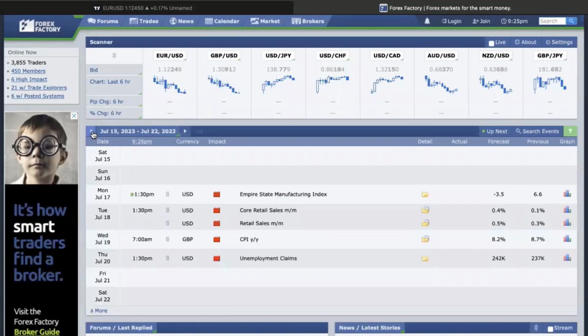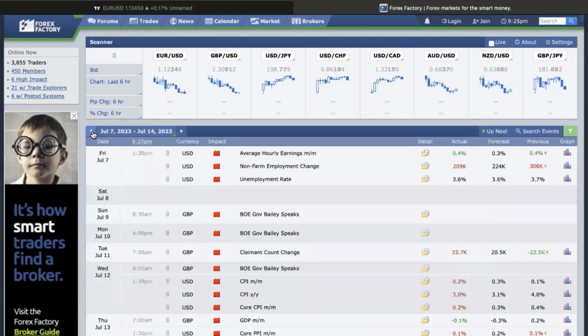It's important that when you go back into history, you look at what happened when a certain news came out, and you track it to the last 5 previous releases of that same news, and how the market reacted. What percentage did it move? When the news had a positive impact on USD, what percentage did the USD move? When the news had a negative impact on the USD, what percentage did it drop?